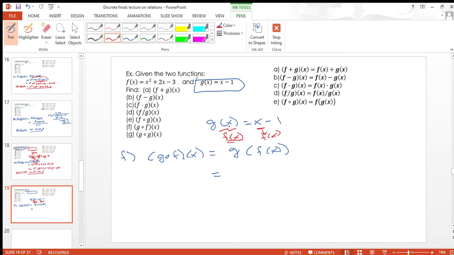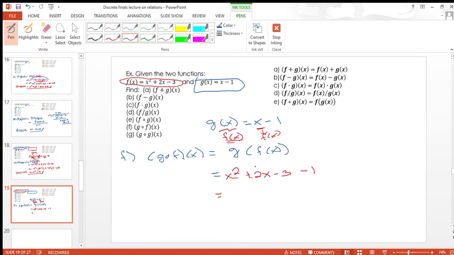Therefore, if g of x is x minus 1, replacing x by f of x, where f of x is x squared plus 2x minus 3, then that will now be x squared plus 2x minus 3, changing x by f of x, and then minus 1. Or this is now the same as x squared plus 2x minus 4. Let me just fix that. That's x squared.